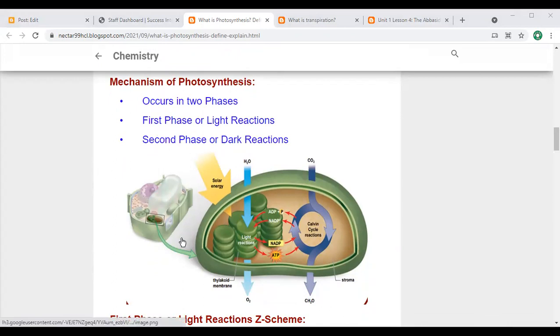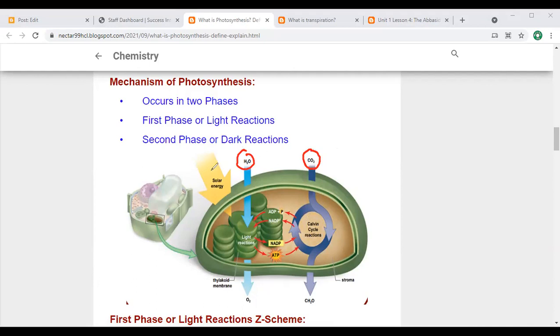Now, this is a simple plant cell you can see here. In it, you can easily find the chloroplast. This is the structure of the chloroplast. In it, solar energy or sunlight falls on it, and the water that comes from the roots enters here, and the carbon dioxide from the air enters the chloroplast.